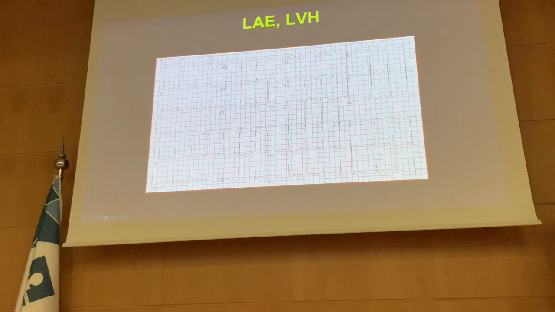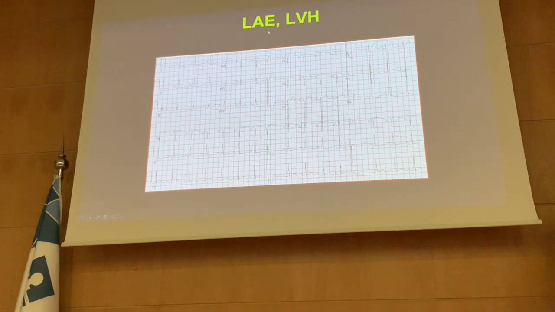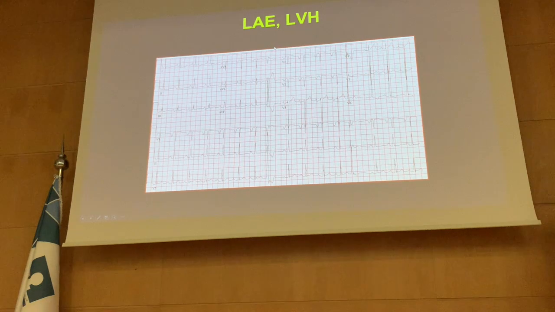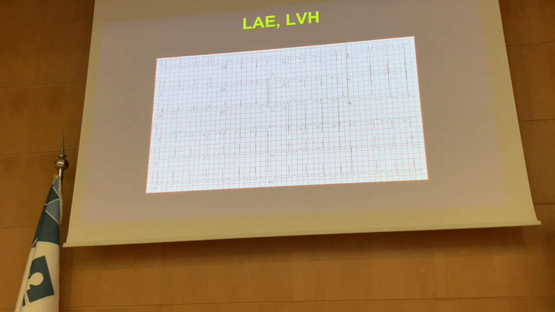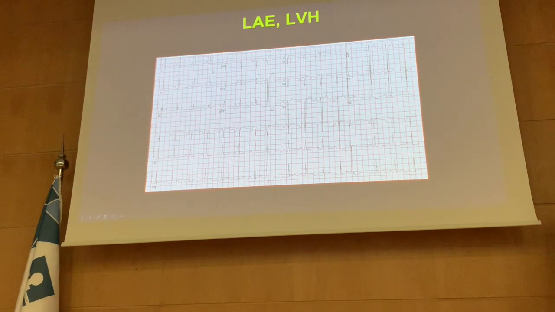This patient has a big wave in lead 2 and the negative part of the P wave in V1 is big also, and the QRS complexes are huge. So this patient has left ventricular hypertrophy and left atrial enlargement. If you said right also, I can accept that because he has something here too, okay?